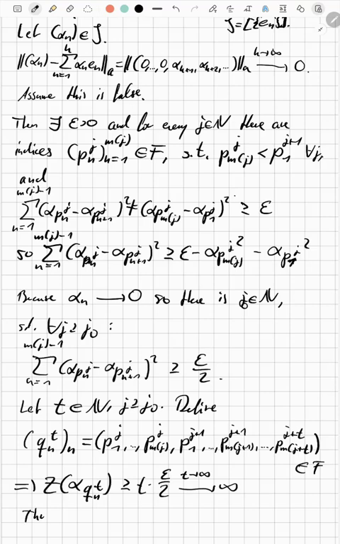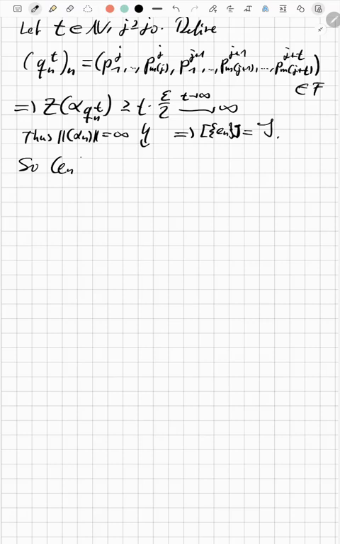Thus, the norm of alpha n is infinite. But that's a contradiction because alpha n was an element of J. So what we get is that indeed the closed linear hull of these ENs is all of J. So En is a monotone basis.